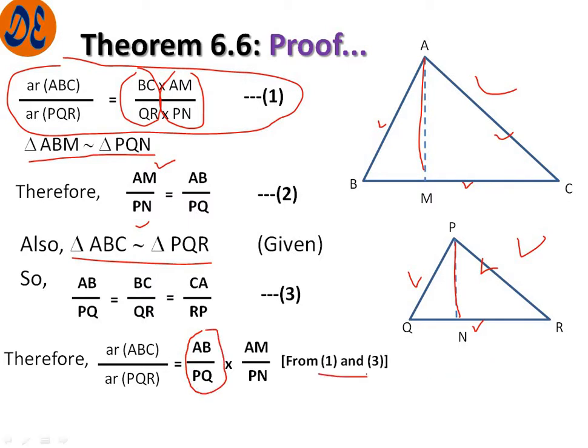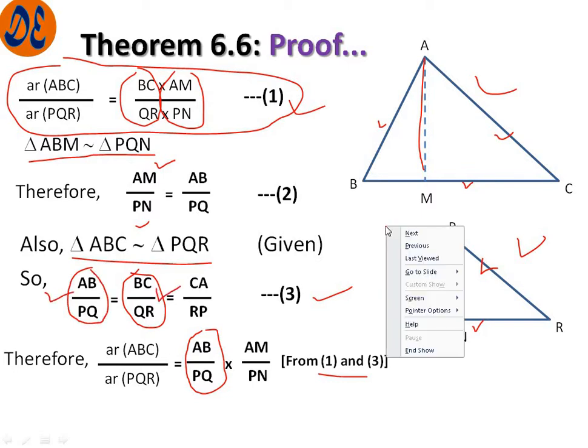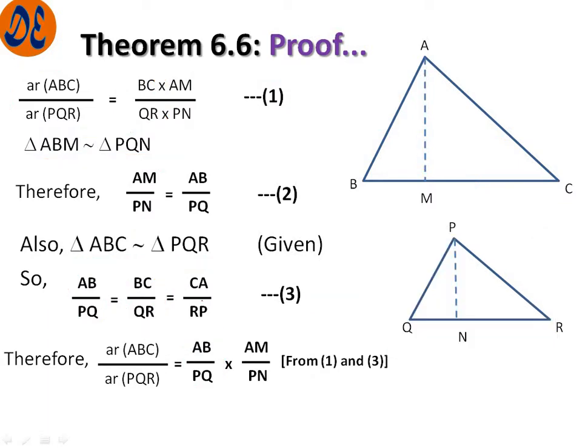From 1 and 3, BC by QR is equal to AB by PQ. Let us again clear the whole zigzag. So BC by QR is equal to AB by PQ, and that's why we are replacing that over here. So the ratio is being replaced.